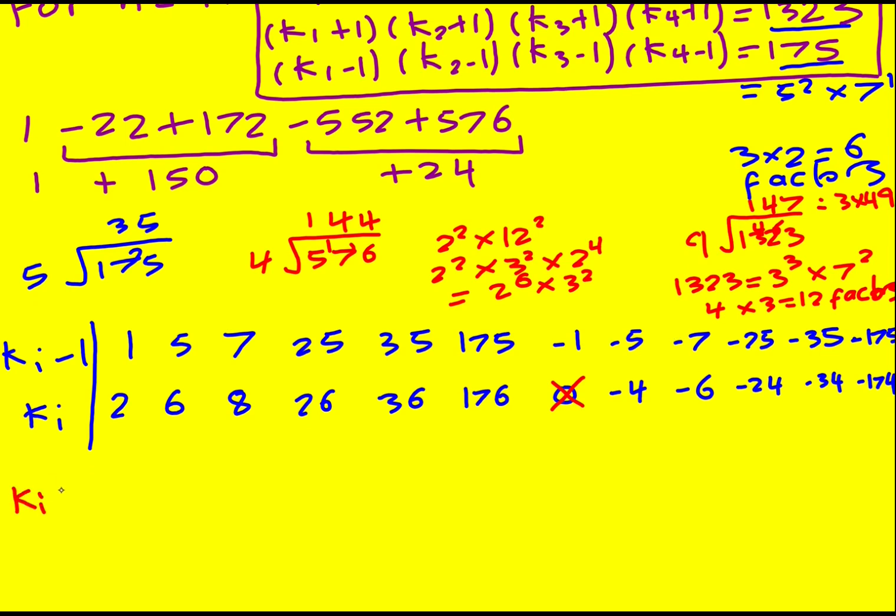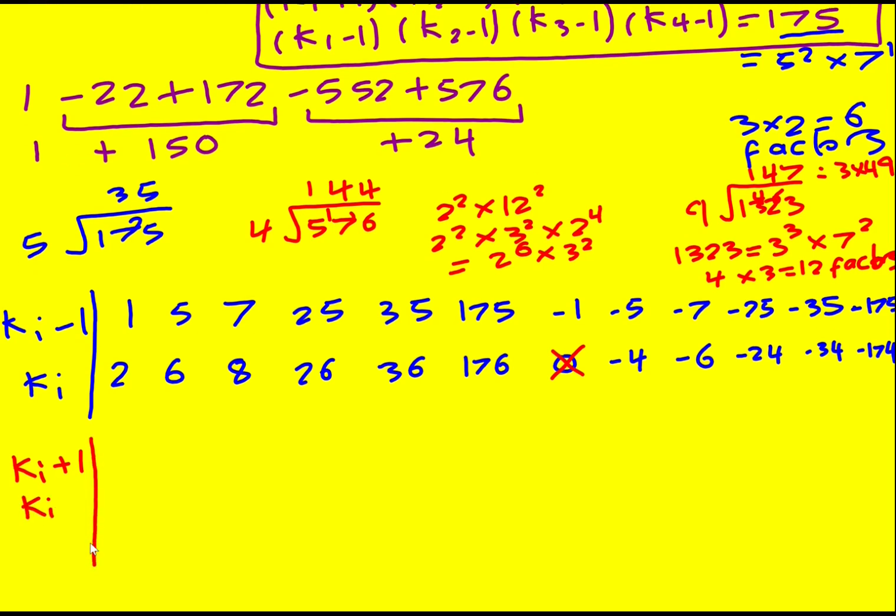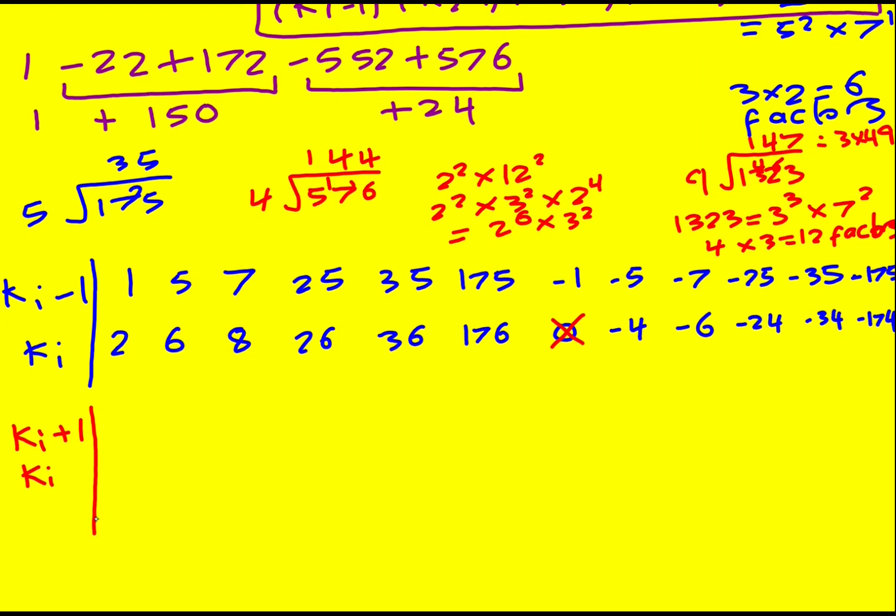So now it's ki plus 1 and ki. And I'm just going to write them down. Let's start with the positives and work systematically to get all 12. So we'll start with 1. That's a good shout. And then 3 and 7, just those single powers. Then we'll go with 3 squared and 7 squared.